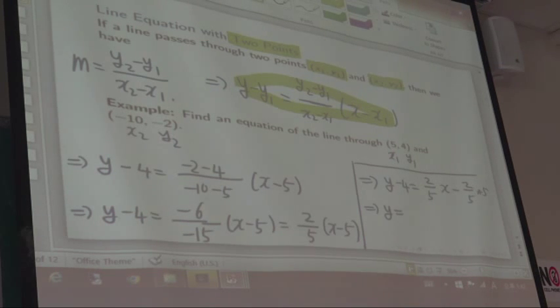Then y is equal to 2/5 x, and we can simplify this by canceling 5, minus 2 plus 4, which is y equals 2/5 x plus 2. And this is the final answer.